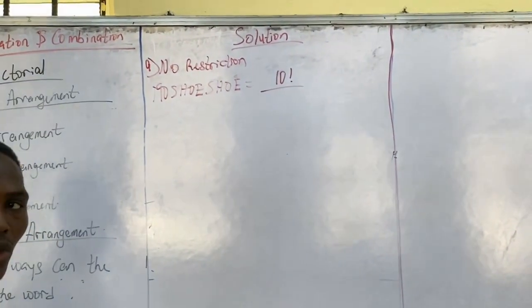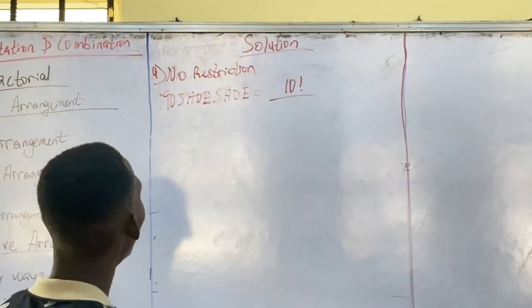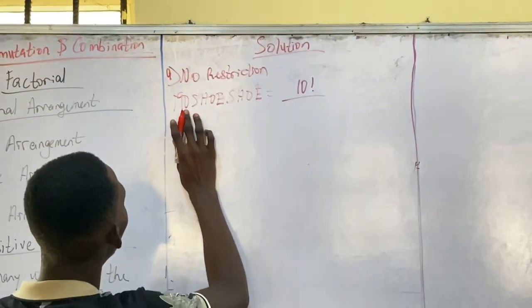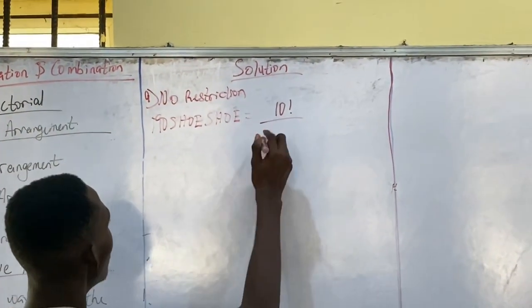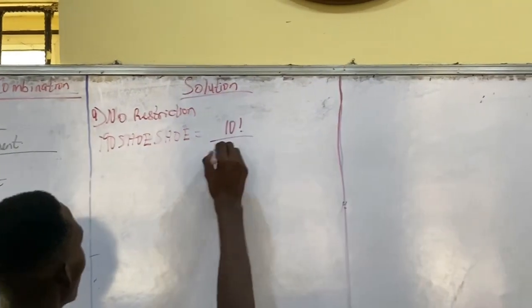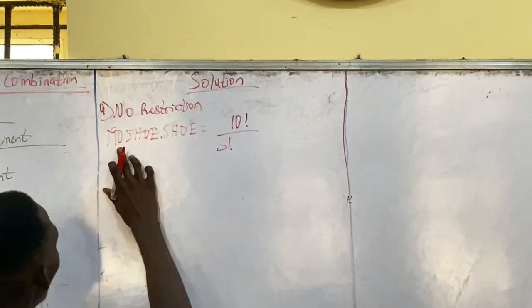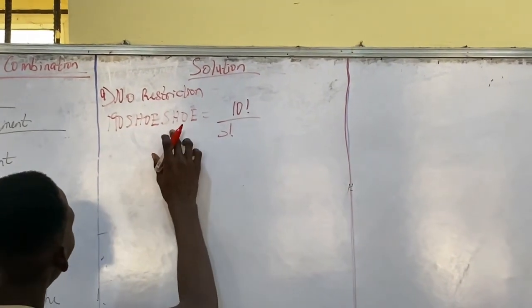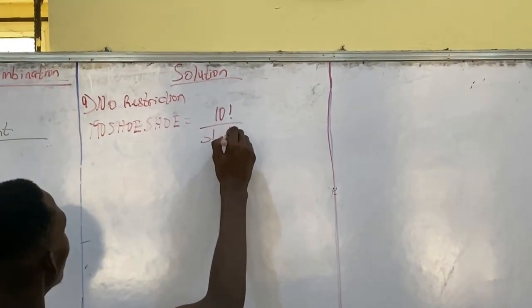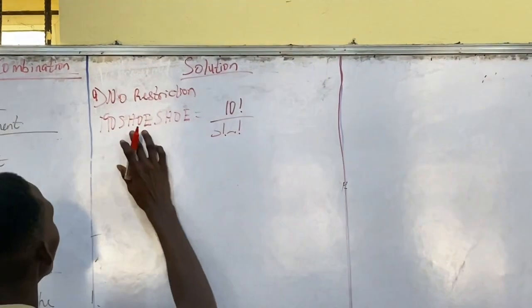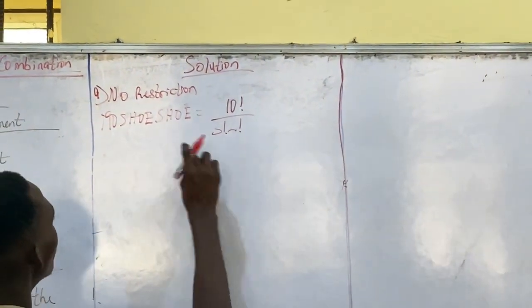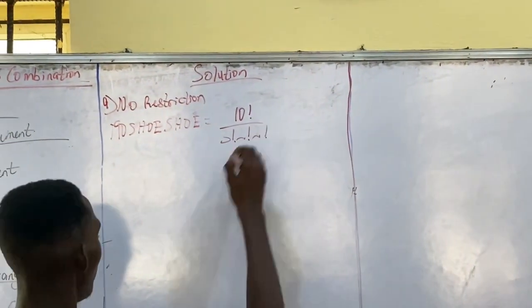Now, is there any repetition? Yes. We have 3 factorial for O. O occurred how many times? 3 times. What about S? Just twice, 2 factorial. H how many times? 2, that's another 2 factorial.